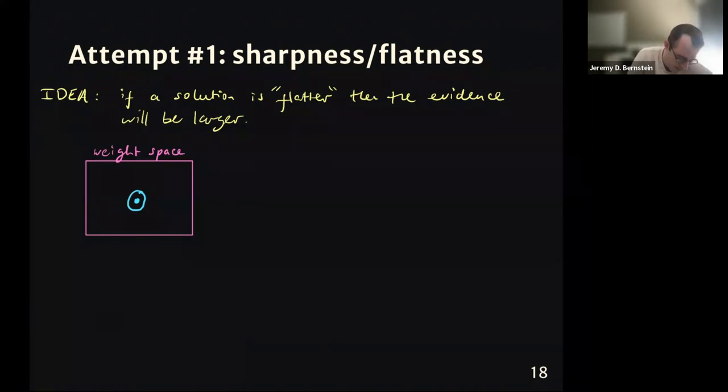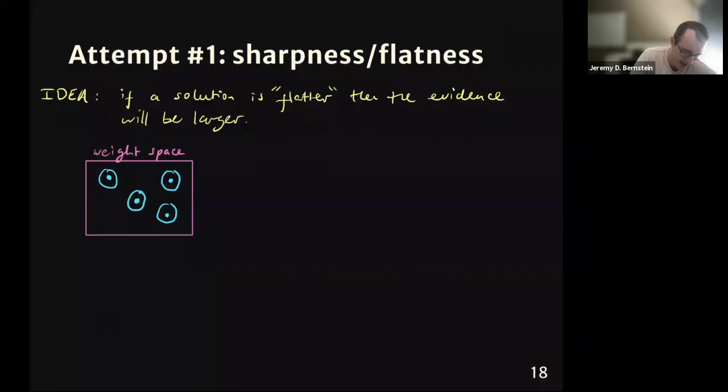But before we do that, you can see that something that's wrong with this point of view is that there's not just one solution that you can perturb. The solution space, you could think of it as being comprised of many of these solutions that can be perturbed. So if you just focus on one of them, you can already see that you're going to underestimate the evidence because you're going to be ignoring these other patches of solution space.